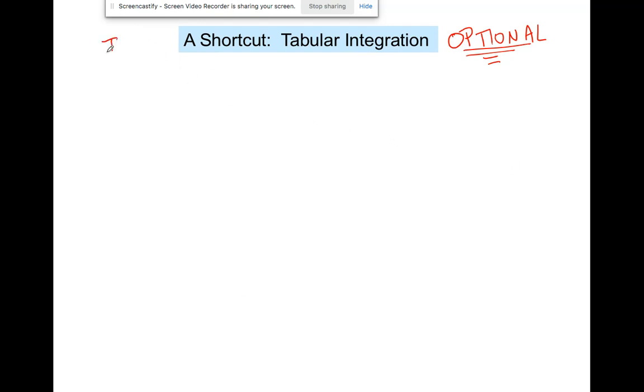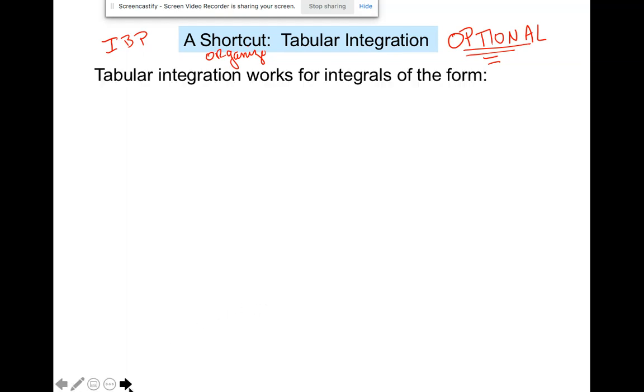It is still integration by parts, but it is a shortcut way to organize integration by parts and get the same answer when you recognize that you're going to have to do integration by parts multiple times. So it works when you have a product like integration, right?